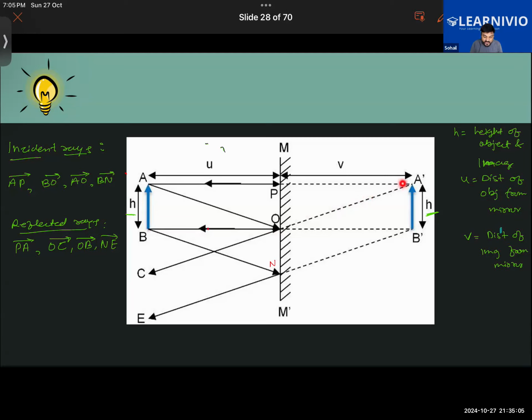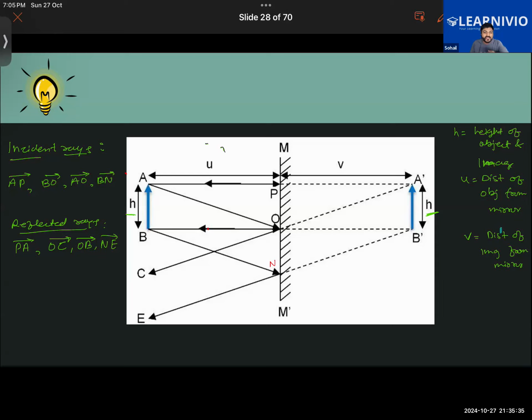So they are meeting at a point, which we are calling A dash. Similarly, the other reflected rays are also extended backward. So ray OB has been extended backward. Ray NE has been extended backward. So the point where these rays meet, there the image formation will take place. Now, what kind of image will form here? A virtual image is formed. So why are we calling this a virtual image?